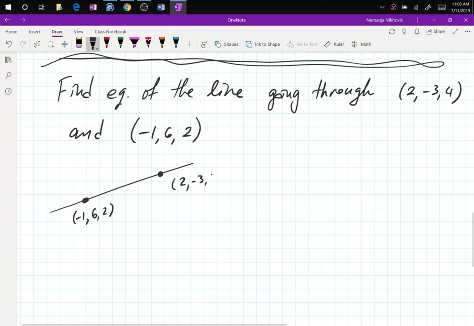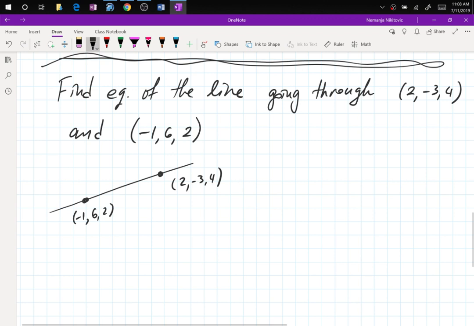Now, can you draw this exactly? Sure, but no one cares. The most important part here is to pick, and that depends on you, which of the two points you want to be the fixed point.